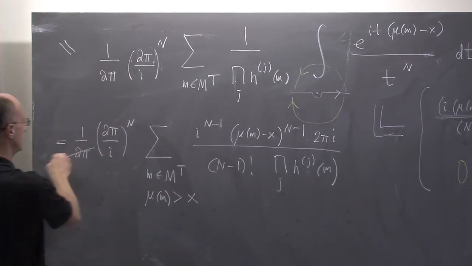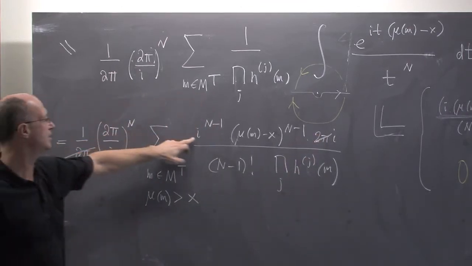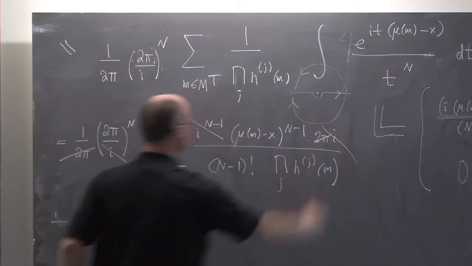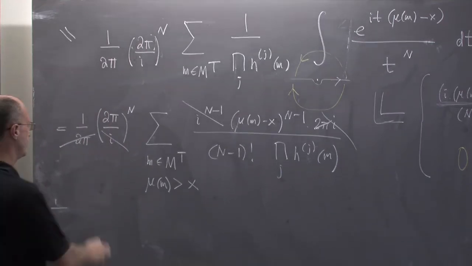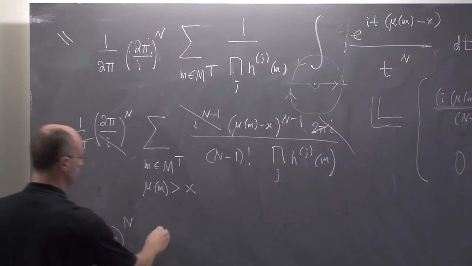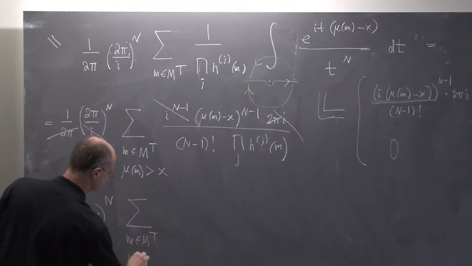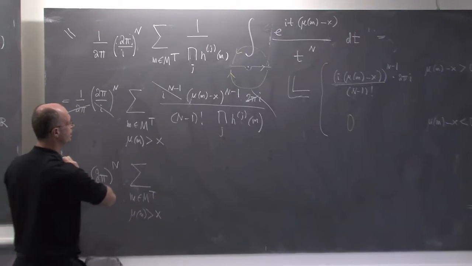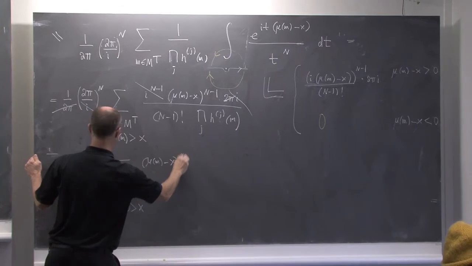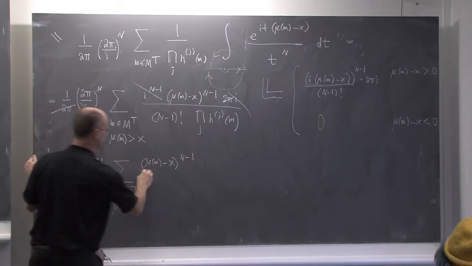And hopefully now, those 2 pi's cancel, i to the power n and i to the power n cancel, and what remains, I think, is what we promised.